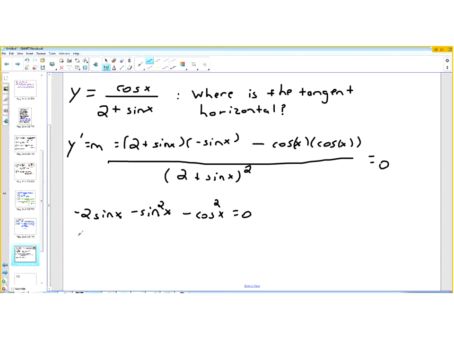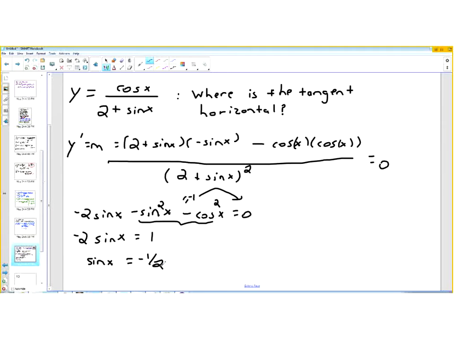And so now we have to solve a trigonometric equation. So now we have -2 sine x. Well, these two terms equal -1, and so I'll bring the -1 over. And so now we have sine x is equal to -1/2.